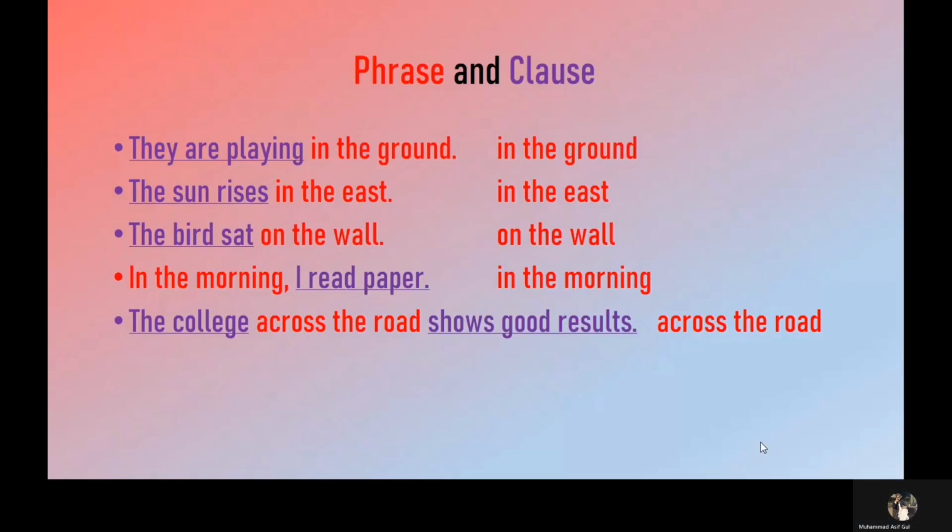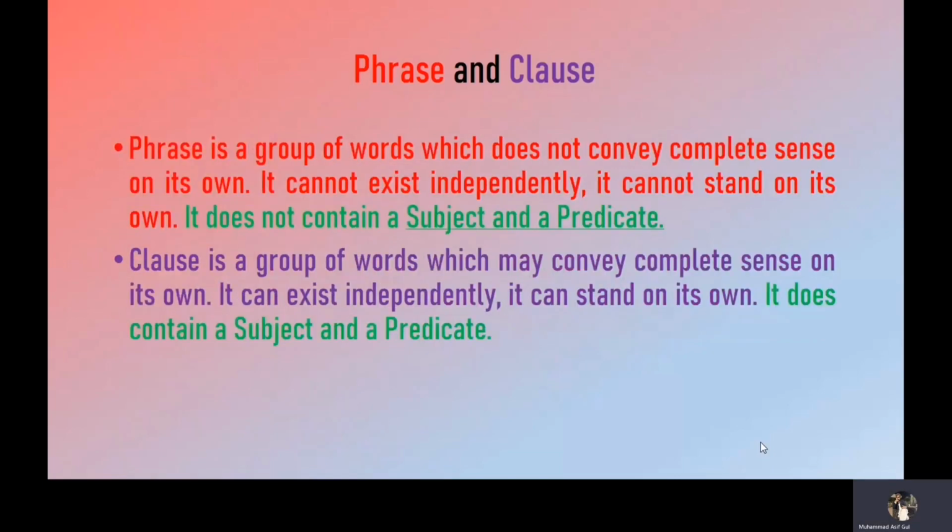So there are two differences between a phrase and a clause. First, a phrase cannot exist independently, whereas a clause can. Secondly, a phrase does not contain a subject and a predicate, while a clause does.